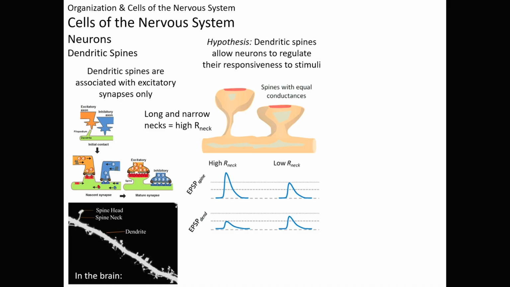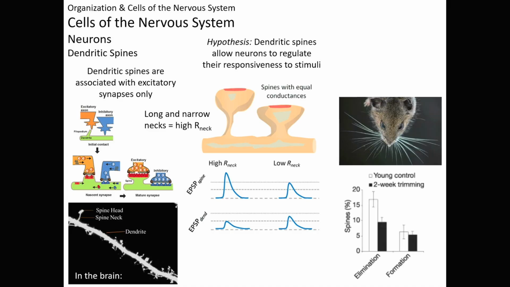Okay, so what we can see then is that by having more or less spines, you have more or less opportunity for excitation, but also just by changing the spine architecture, especially the neck architecture, you can have the same amount of sensory input, but it could differ in terms of how much of that sensory input is actually passing through to the axons, how much of that is passing through to other neurons, and really how responsive the nervous system can be to that excitation.